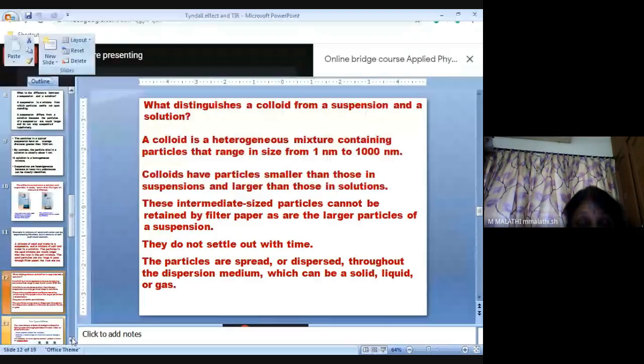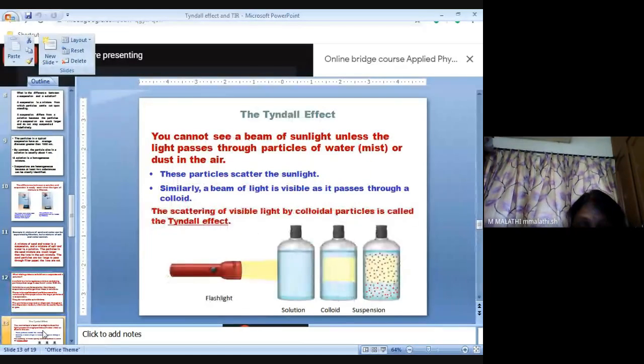That we will see in detail. So this is the basic thing for the Tyndall effect. When a light passes through the colloidal medium, or any medium where the particle size is of reasonable range, the light is scattered by the particles and the path of the light is visible. This is called the Tyndall effect. So the Tyndall effect, we will see again.